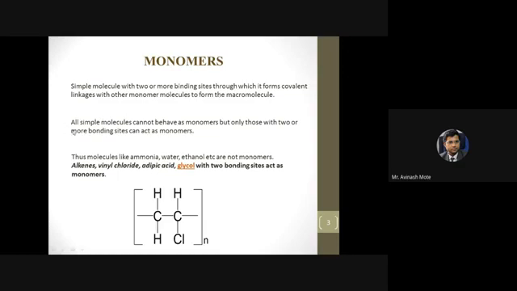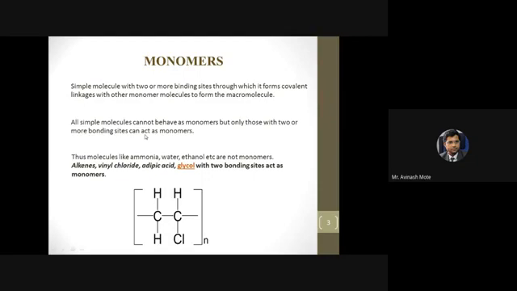Now the second statement: all simple molecules cannot behave as monomers. What is the condition? Only those with two or more binding sites. Because everything is analyzed with respect to application. If any material is of no use, then there will not be existence of that particular material.